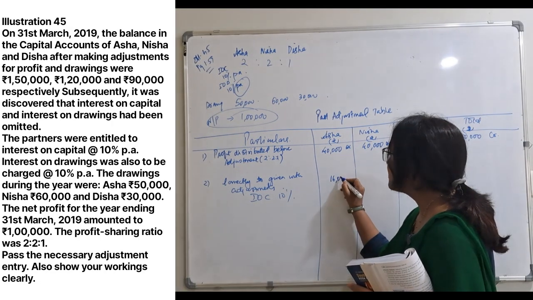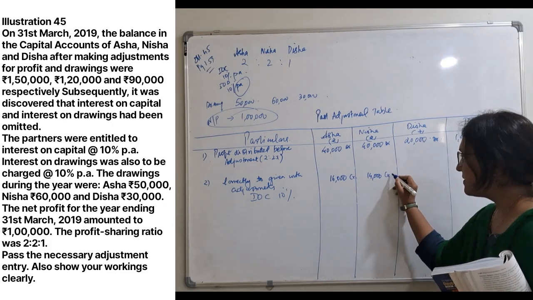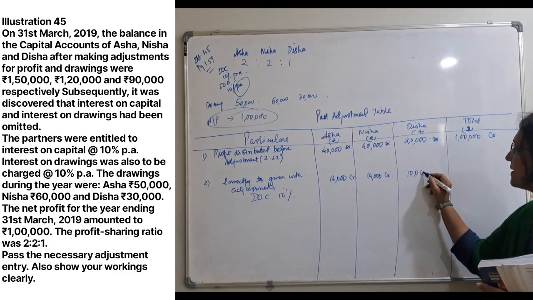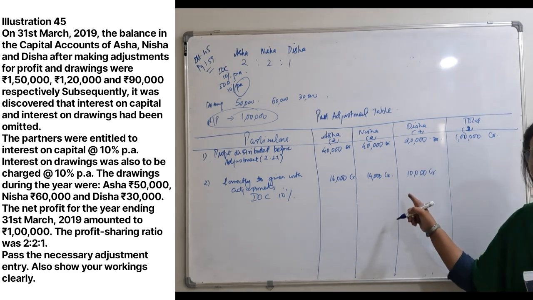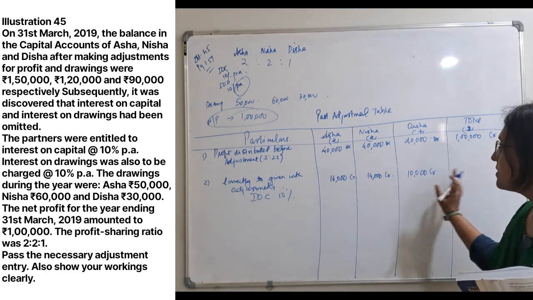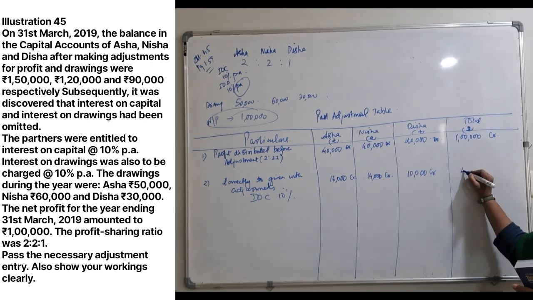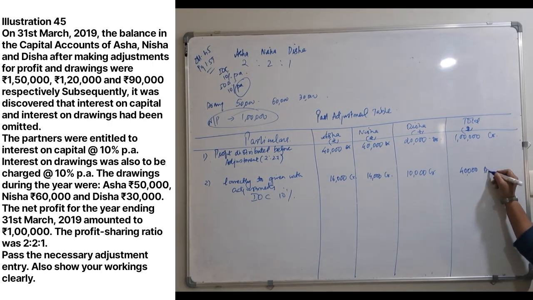So 16,000 credit, 14,000 credit and 10,000 credit. If we are giving it to the partners, obviously it will be debited by the firm. So this is 16 plus 14, 30, 30 plus 10, 40,000. 40,000 is debited.